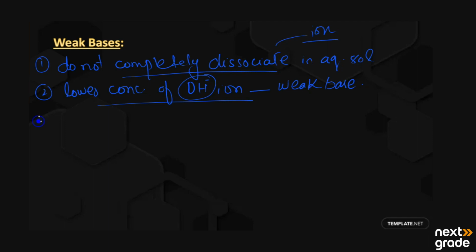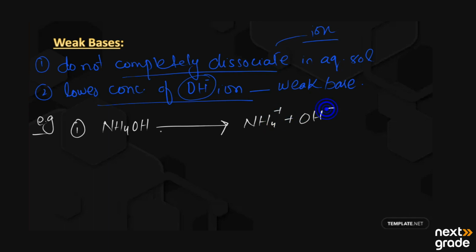Let's discuss some examples of the weak bases. First we have ammonium hydroxide, NH4OH. It is a weak base because it ionizes or dissociates to produce NH4 positive and OH negative ion. The second example is calcium hydroxide, Ca(OH)2, which ionizes like this and gives two hydroxide ions.